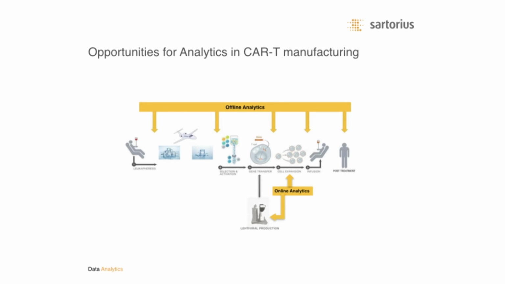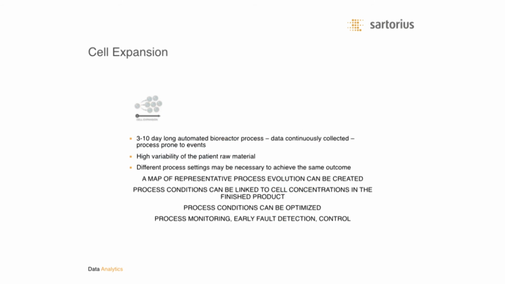And lastly, looking forward, there are some opportunities in the next generation therapy, CAR T manufacturing, for example, where we're looking at the cell expansion. So the cell expansion for this CAR T product is a 3 to 10 day process in an automated bioreactor system with huge variability because of the patient variability and the raw material.